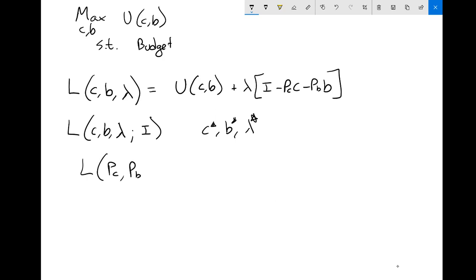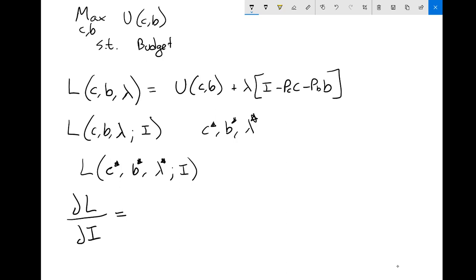Let's write it out this way: C star, B star, lambda star, and then it has this parameter I. Now I want to know what is the derivative of this with respect to I. All right, well, let's keep it generic and let's do the total derivative.